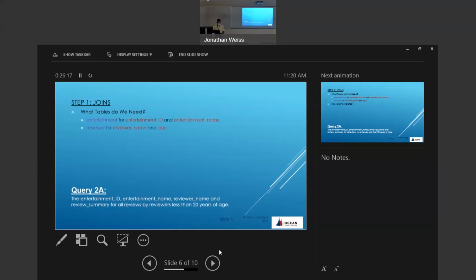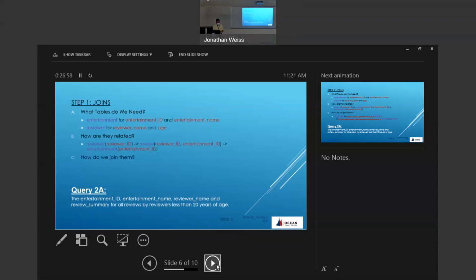And as Nick pointed out, when we try to figure out how these two things are related, we need review to help us complete that relationship. So we need reviewer, review, and entertainment. And we know from before, and actually this arrow should go the other way, that review connects to reviewer and review connects to entertainment.